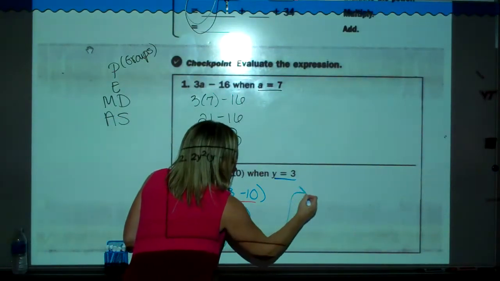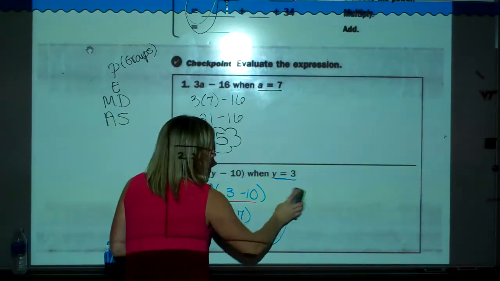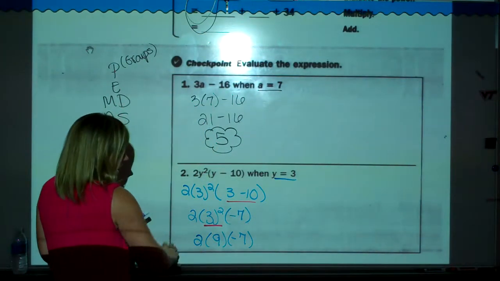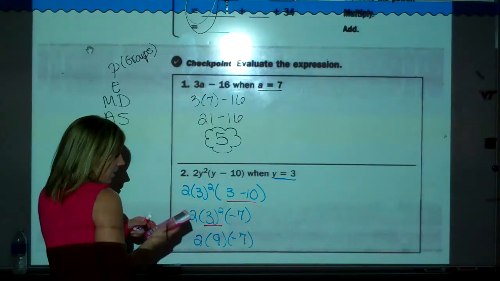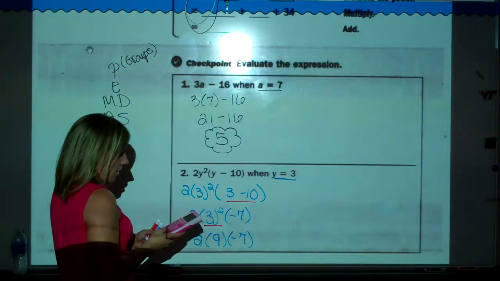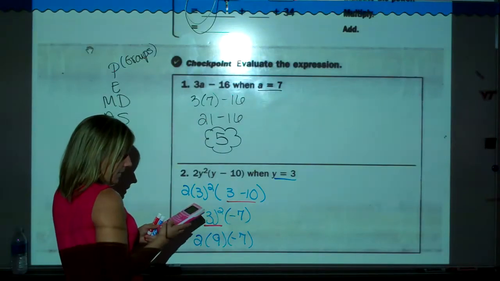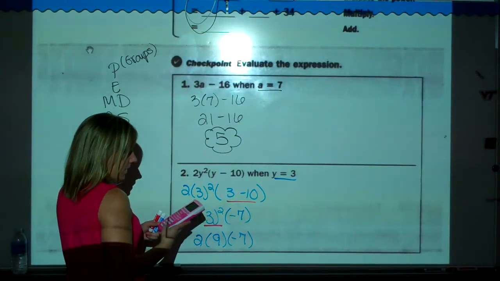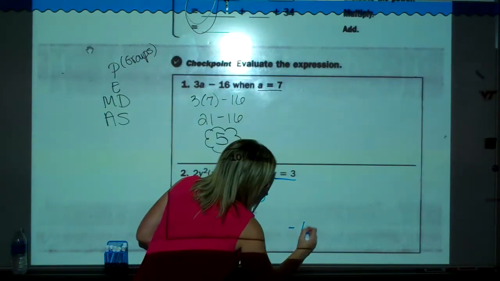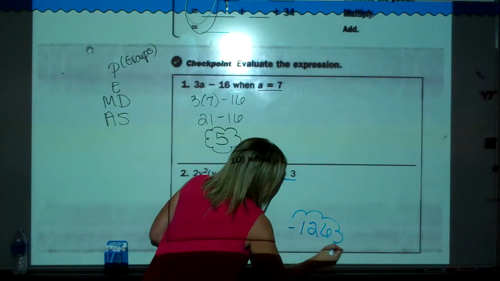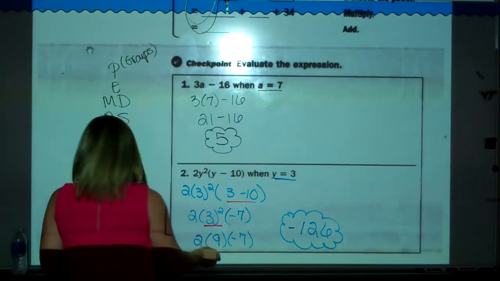Alright, now I'm going to do it this way, and actually this is just 2 times 9 times -7. Remember our commutative property says we could switch those around. I'm just going to go ahead and multiply straight across. 2 times 9 times -7, oops, pressed the wrong button. 2 times 9 times -7 is -126. Alright, so there is evaluating.